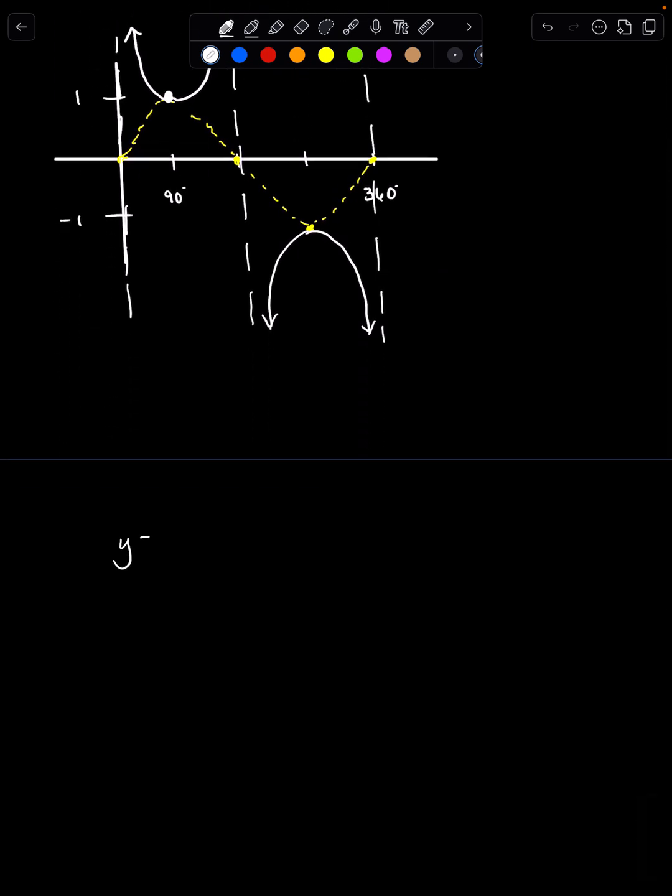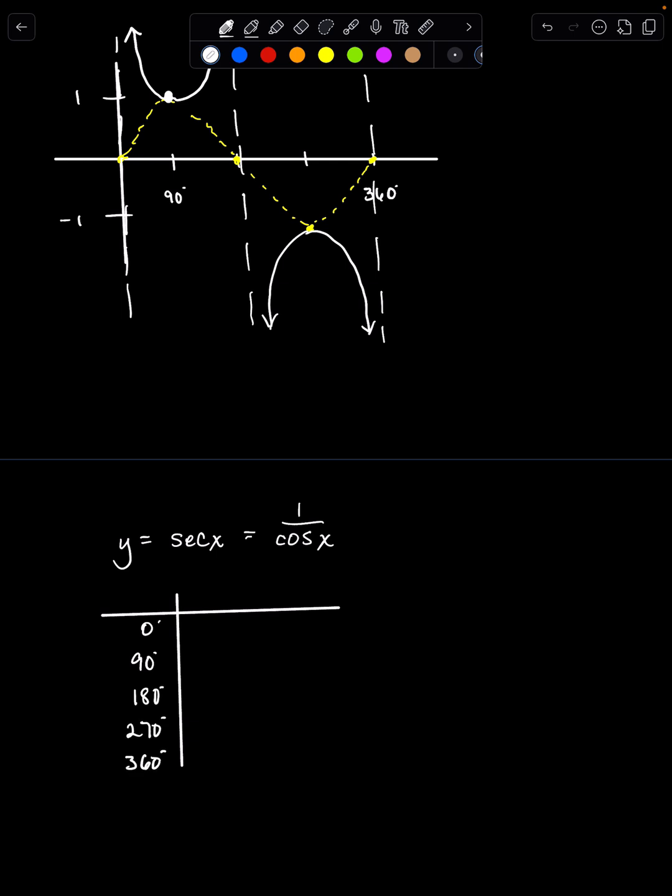All right, let's do the same thing for secant. So I've got y equals secant of x, which is the same thing as 1 over the cosine of x. When I get my 5 points here, I've got 0, 90, 180, 270, back to 360, and for cosine, that's 1, 0, negative 1, 0, back to 1.